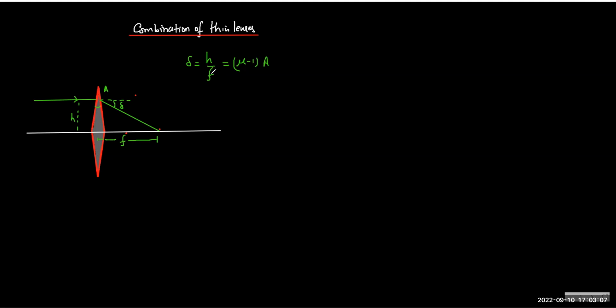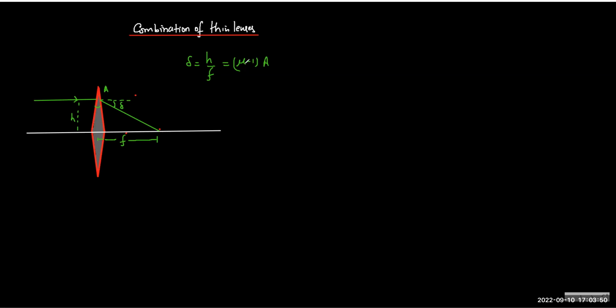Although we are going to use it for paraxial rays, even for paraxial rays, the deviation will change as you go higher. And every lens is a collection of prisms, if you remember. Understood? Every lens is a collection of prisms. So whether the beam is coming parallel to the principal axis or not, the deviation suffered by the light ray by a thin lens is always fixed. It is h by f, and it really doesn't matter whether it is hitting at an angle or parallel to the principal axis. The angle should be small enough. Then we have the same form.